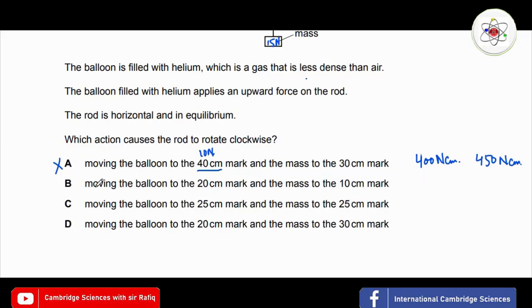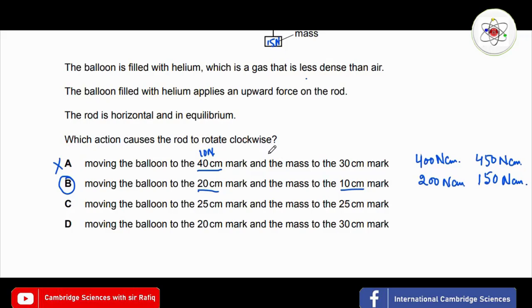Moving the balloon to 20, so 20 into 10 is 200 Newton centimeter for the balloon, whereas 10 into 15 is 150 Newton centimeter. So here the moment of the balloon is greater than the moment of the mass, so it should be our answer. As the moment of the balloon is greater, the rod would rotate clockwise.